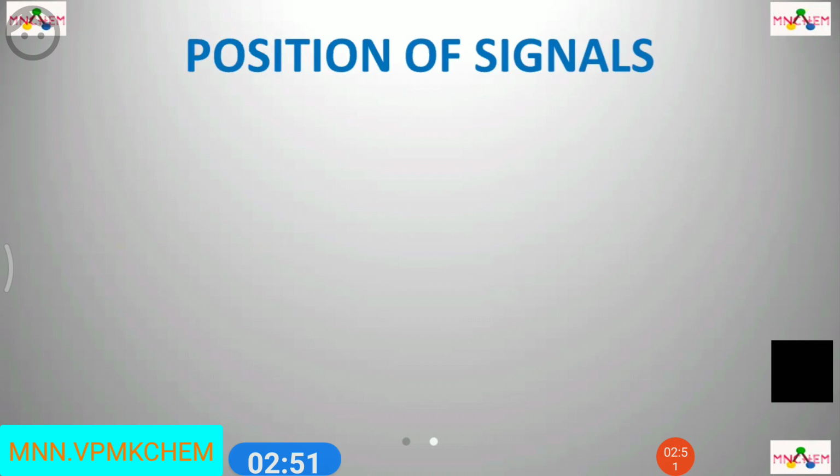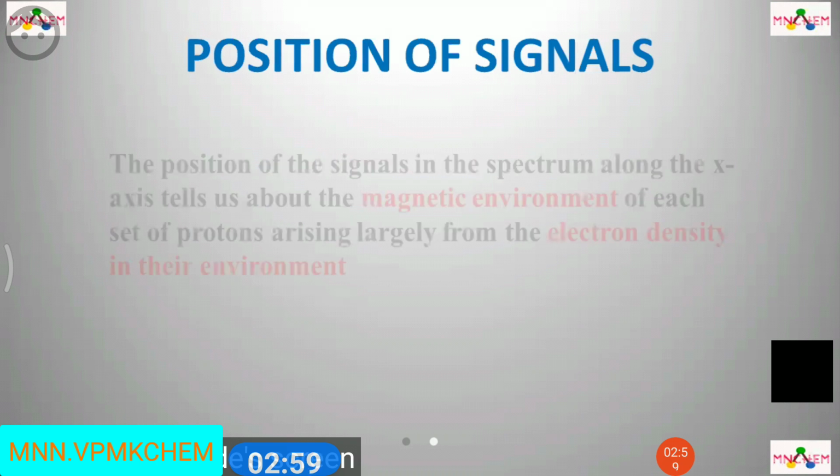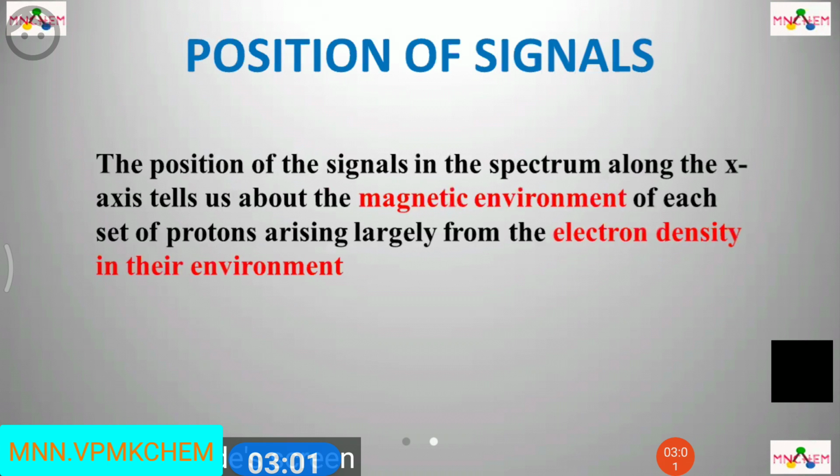The next important information we get from the NMR spectra is from the position of signals. The position of signals in the spectrum along the x-axis tells us about the magnetic environment of each set of protons, and this is largely because of the electron density in their environment.